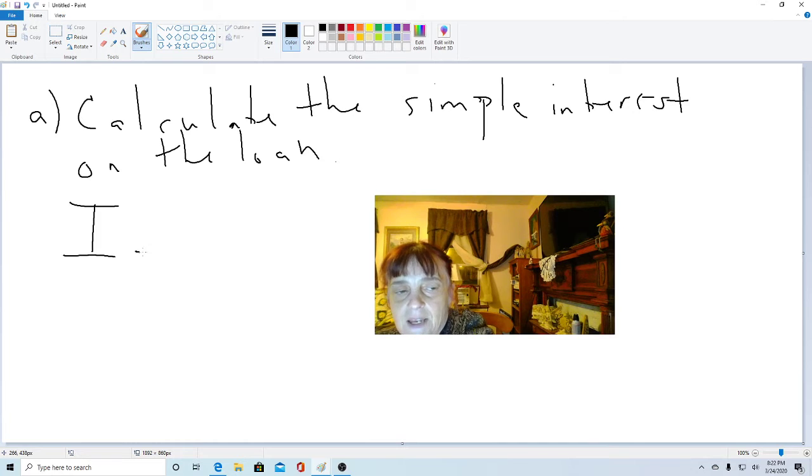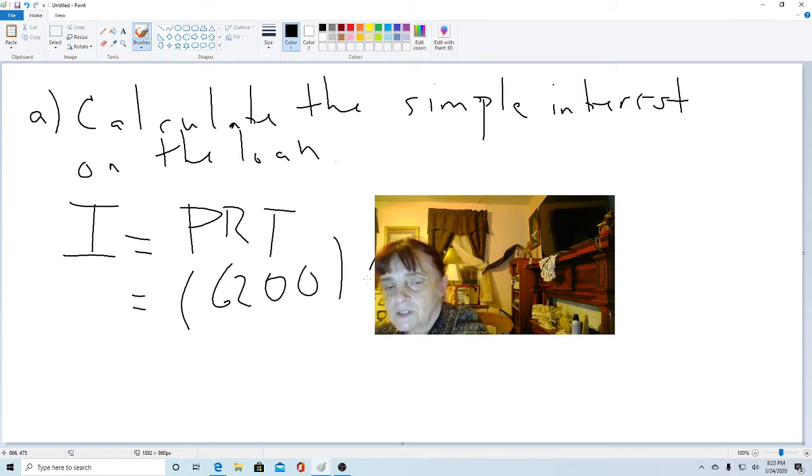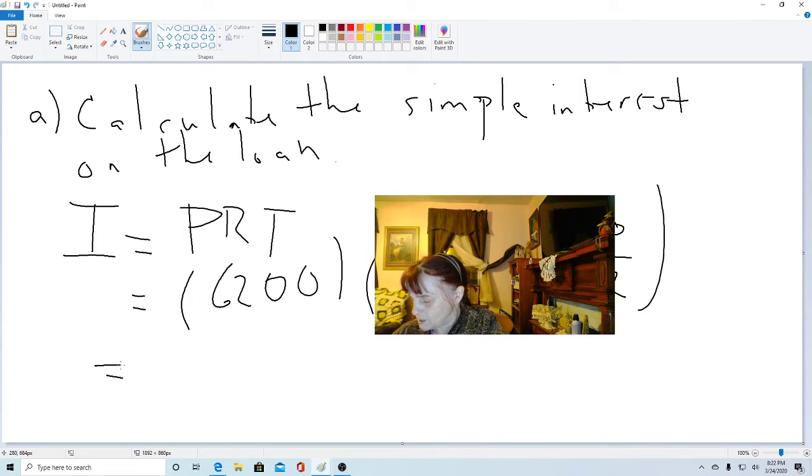Okay, so I is P times R times T, and the principal is $6,200 times the interest rate, which is 5.75%, so you have 0.0575 times the time, which is 30 months, so it'd be 30 over 12, which comes out to be $891.25.